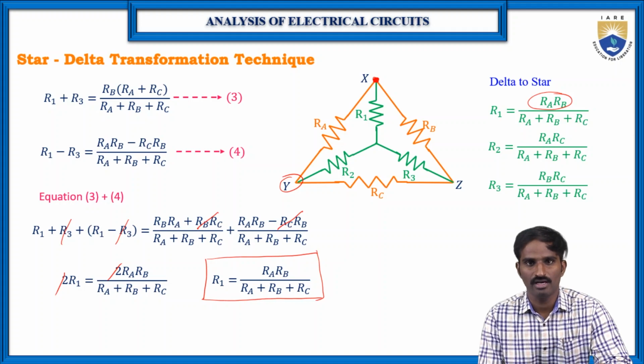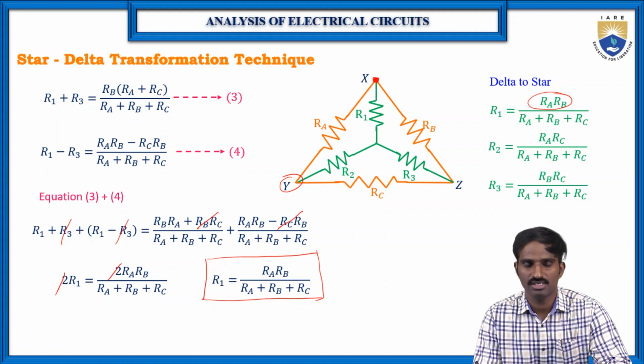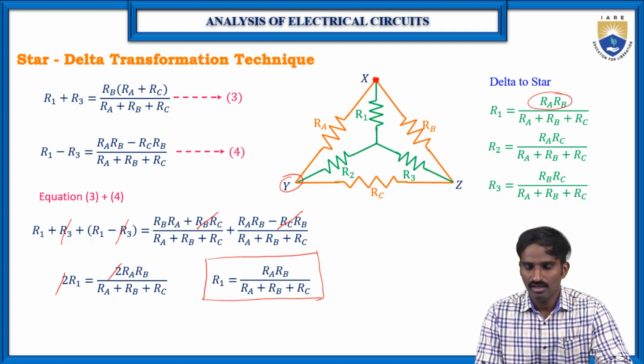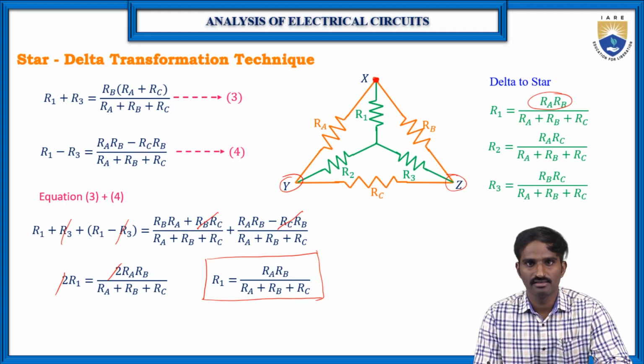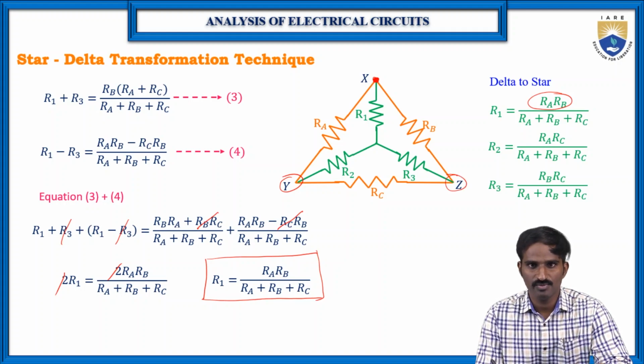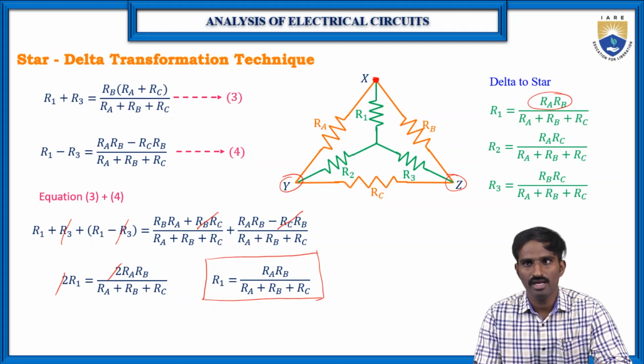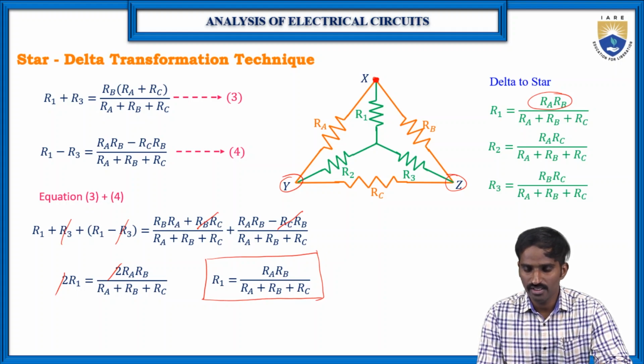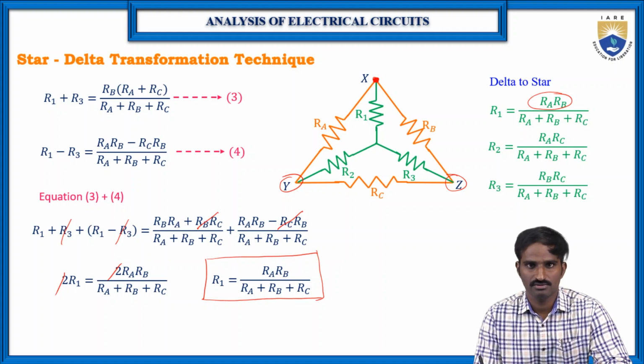RA and RC. So RA RC by RA plus RB plus RC. And similarly, R3 is connected to the terminal Z. The other two resistors from the delta network connected to terminal Z are RB and RC. So RB RC by RA plus RB plus RC. So it is very easy to remember these star to delta or delta to star equations.